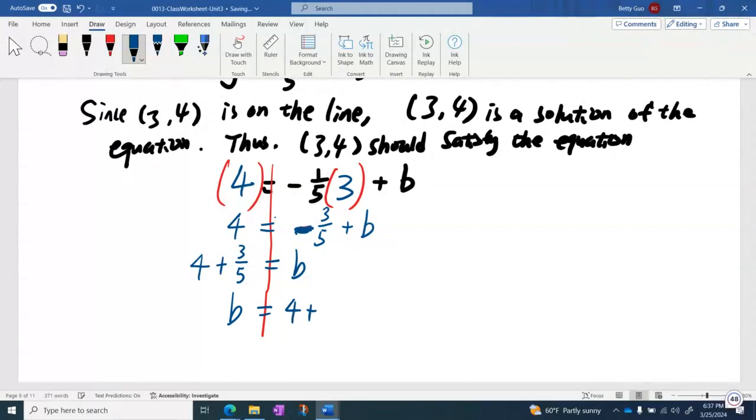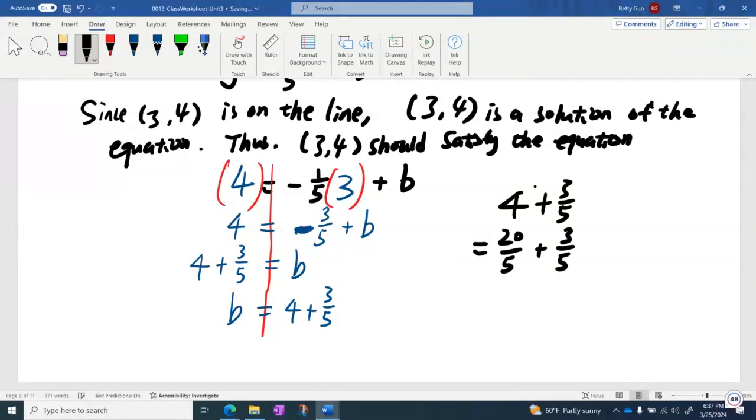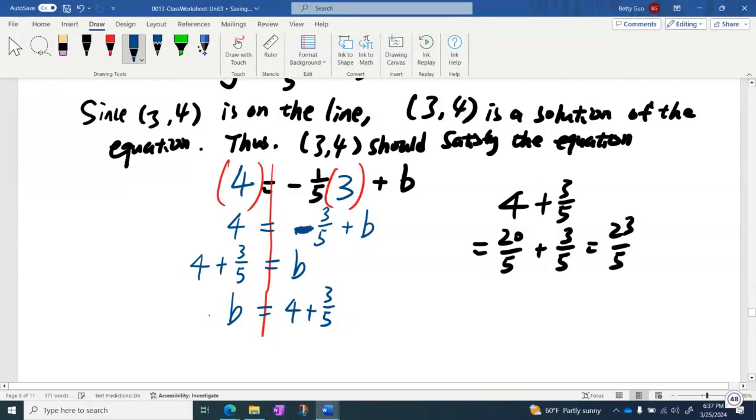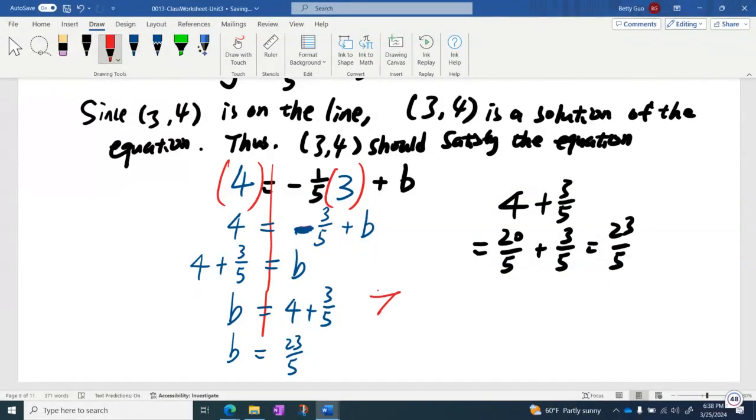It could be a mixed number, 4 3/5. That's good enough. Or we can convert it to an improper fraction. 4 is 20/5 plus 3/5 equals 23/5. So b equals 23/5.